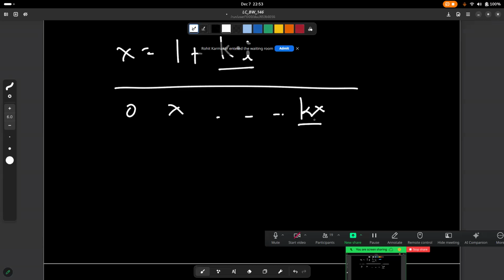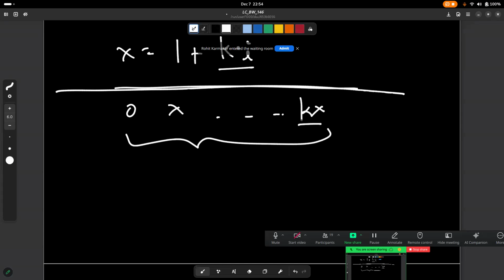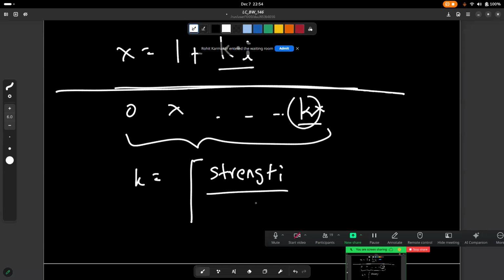Given that you have this value of k, what is the minimum number of steps that you have to wait? What is the size of this interval? Well, this k is going to be the upper bound of the strength that you need, that is your strength of i divided by the value of x that you have.